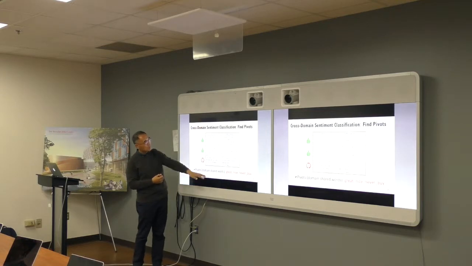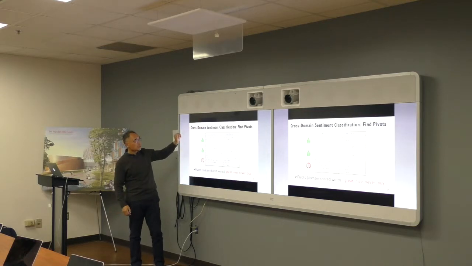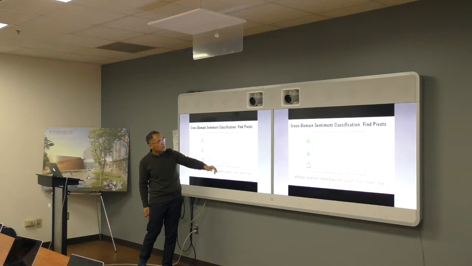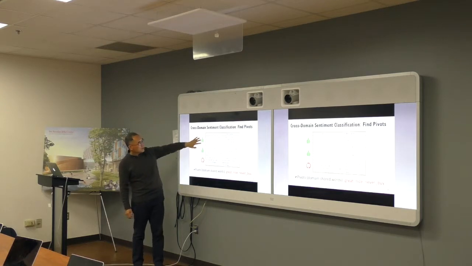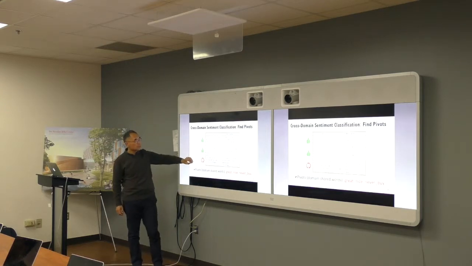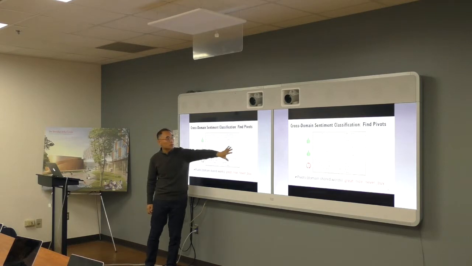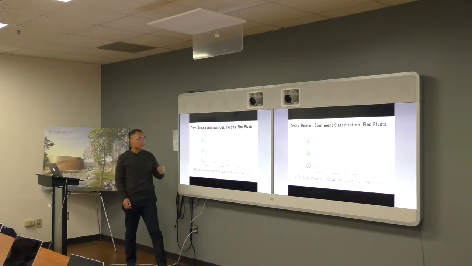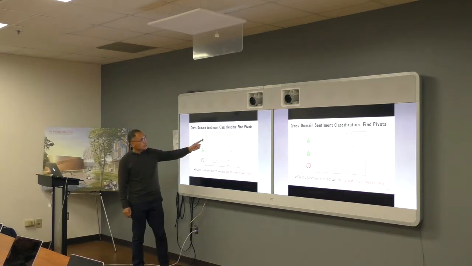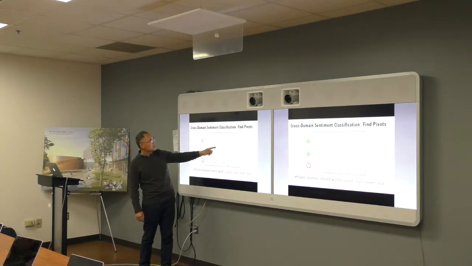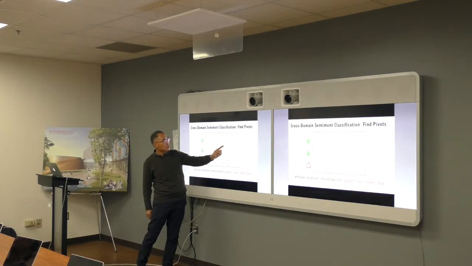This column corresponds to the electronics domain, whereas this one is the video game domain. Here we have labels, thumbs up and down. Here we don't have any labels, and our task is to predict the labels on this side. But if we read these carefully, we find they are all using different terminologies. This one says unit, this one says picture quality, whereas here it says hooked, this is plot.